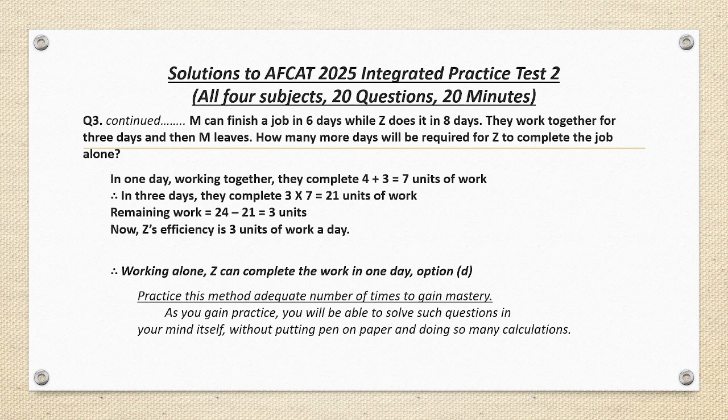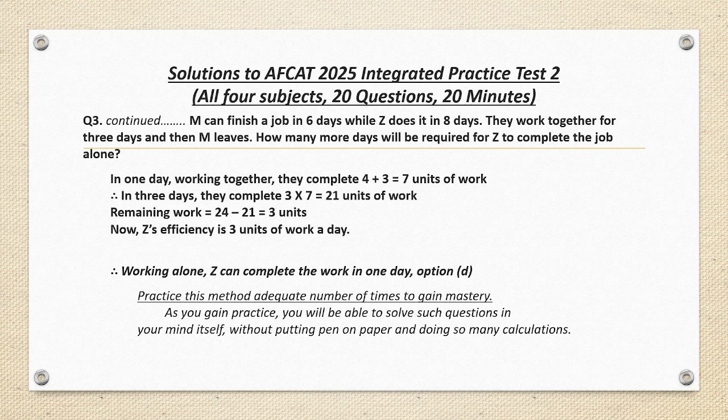And then M left. So now Z is remaining and he has to complete the work. So the question is, how many days does he require? But here we know Z's efficiency is 3 units a day and the balance work is also 3 units a day. So Z requires only 1 day to finish the work. Right?